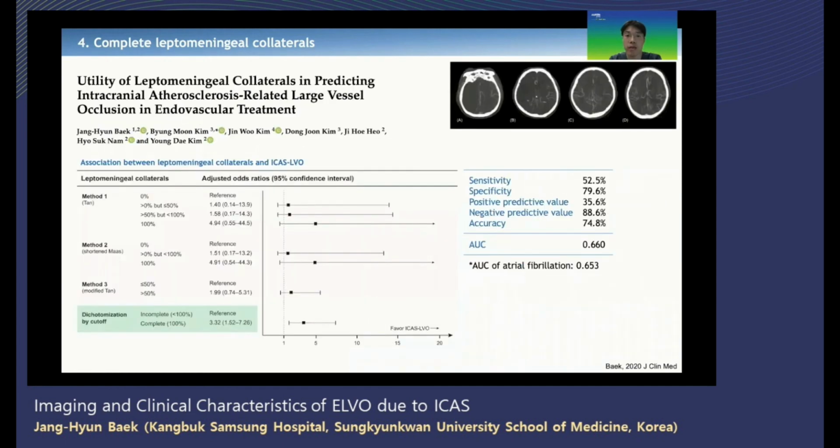We recently evaluated this hypothesis among several conditions of leptomeningeal collaterals. CT angiography-based complete leptomeningeal collaterals was significantly associated with ICAS LVO. Its predictability of ICAS LVO was just modest, and the area under the curve value was not so high. But in the same population, its predictability was better than the presence of atrial fibrillation.